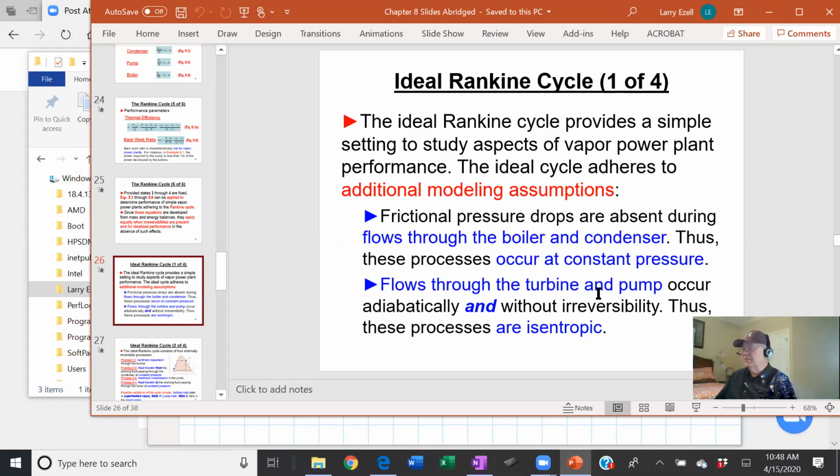You need to account for those. So what we'll do, we'll get an isentropic adiabatic power, and then we'll factor that up depending on what the published efficiency of the pump and the turbine are. We'll see.